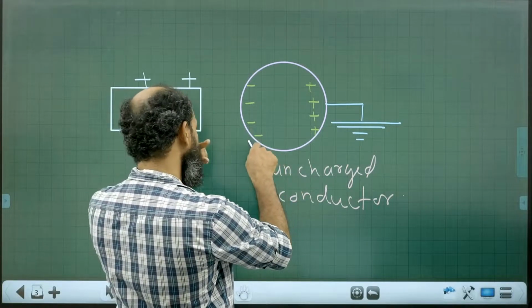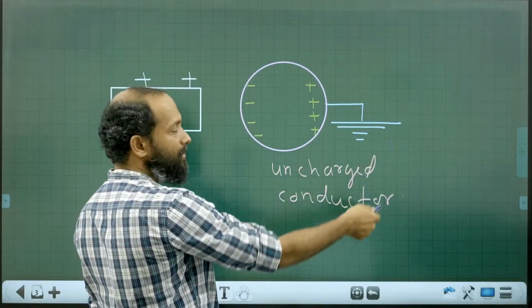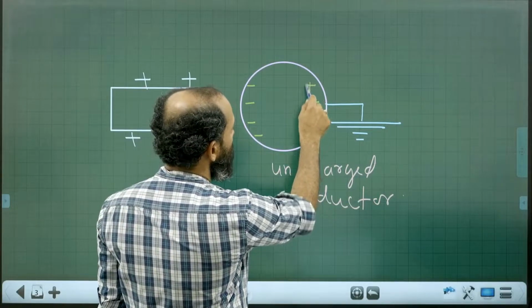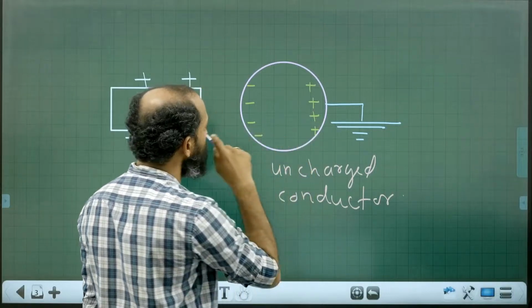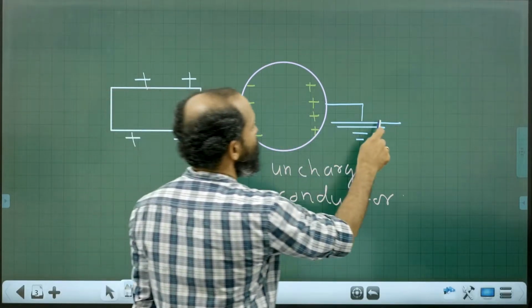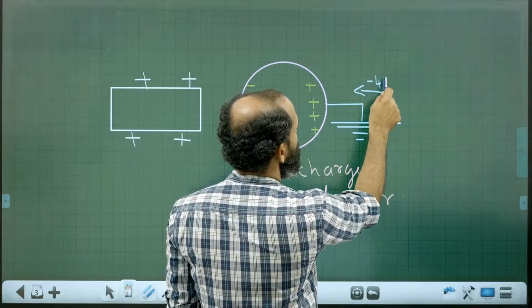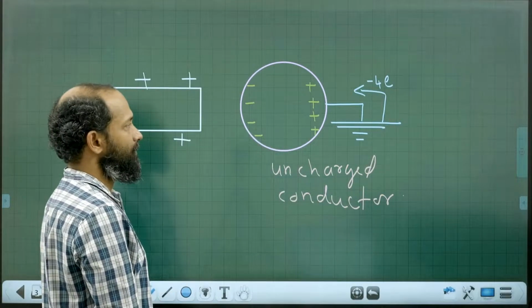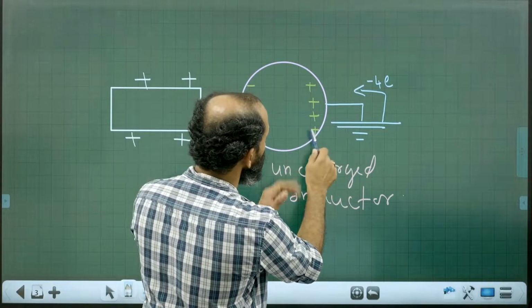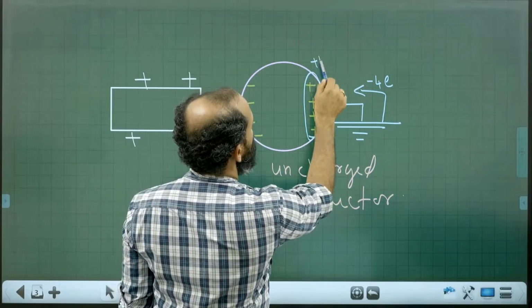Unbound charges are those charges which are farther. These unbound positive charges will get neutralized, for which earth will send 4 units of electronic charge, as per this diagram, to neutralize this plus 4e.